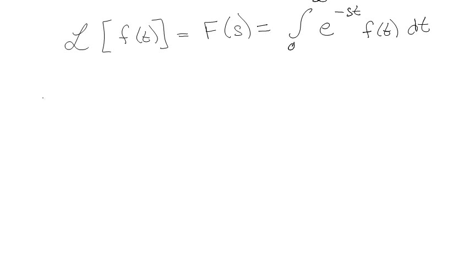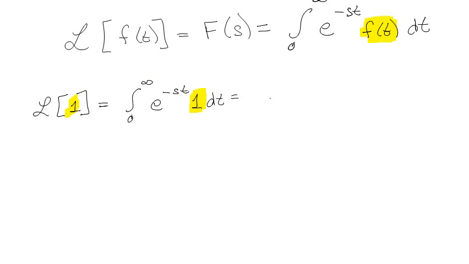So let's find the Laplace transform of the number 1. Okay? So if I want to find the Laplace transform of the number 1, I go integral from 0 to infinity, e to the minus st, and then my function of t here is actually just the number 1, dt. So I can integrate that because I'm kind of awesome at integration, and that's going to be e to the minus st evaluated from 0 to infinity.